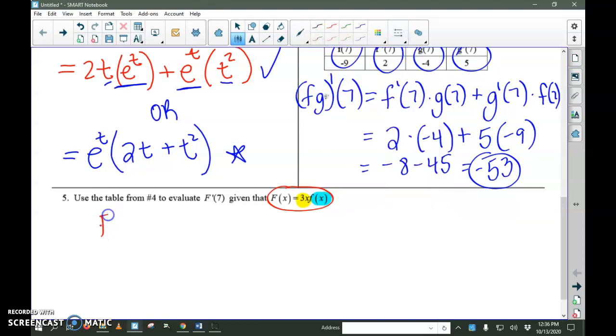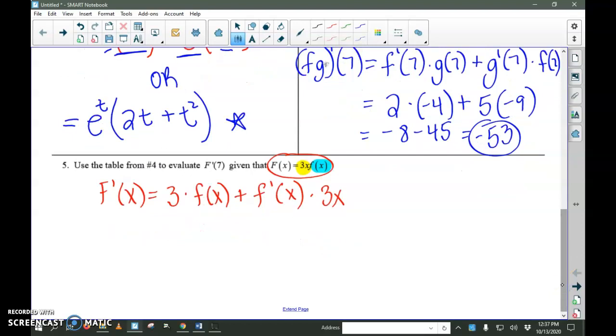Okay, so capital F prime of x is equal to the derivative of this product. So again, the derivative of my first function, 3x, is 3, times just the rewrite of the second function, plus the derivative of the second function, little f prime of x, times a rewrite of that first function. So what I like to do is find the derivative generically, okay?